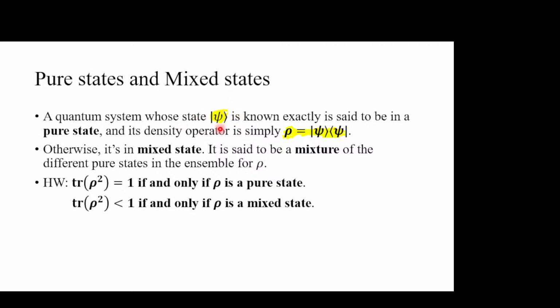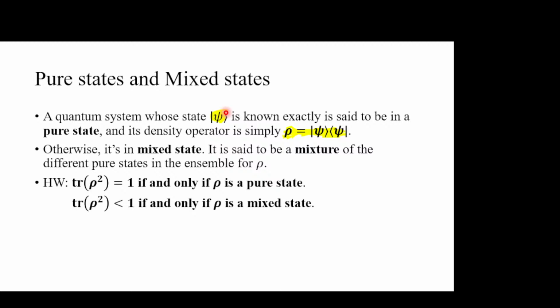Both the vector and the density matrix that can be written as a projector onto a vector, people will call a pure state. But for a mixed state, obviously it must be a density matrix, because by definition, a mixed state is something that cannot be described by just one vector.